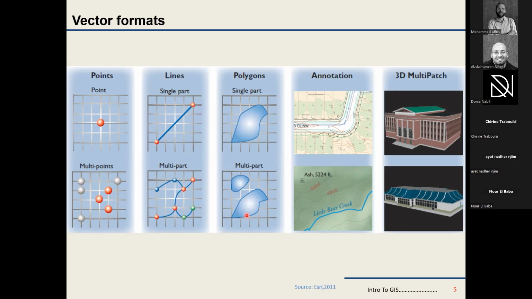Now, why do we have something like this, a multi-part and a single part? Single part is easier to understand, but multi-part is the one that might be confusing. So let's take an example. For instance, if we're talking about an archipelago, let's say, for example, Indonesia.